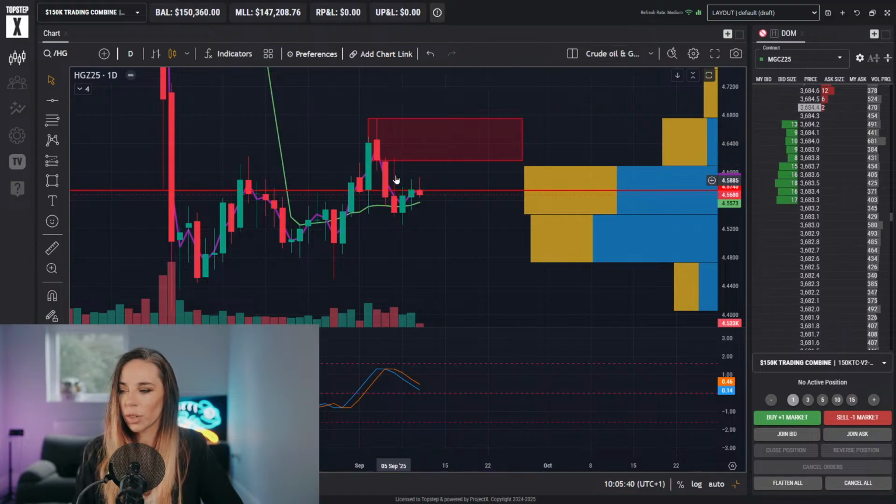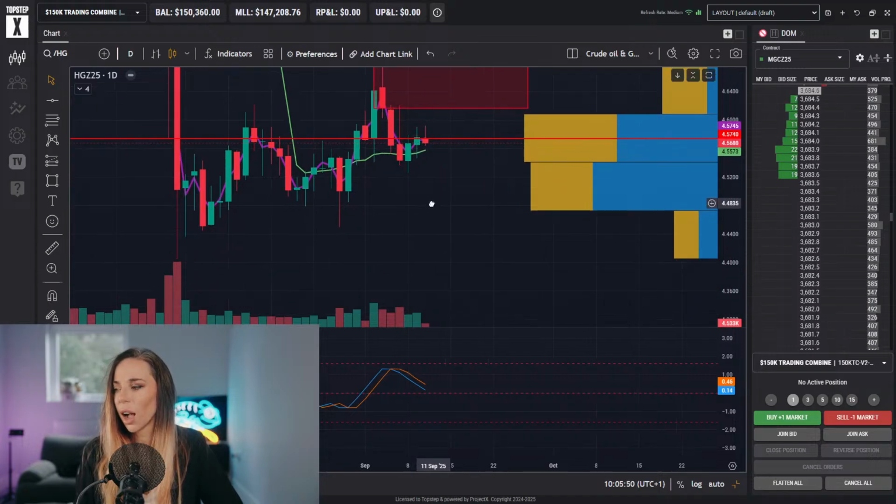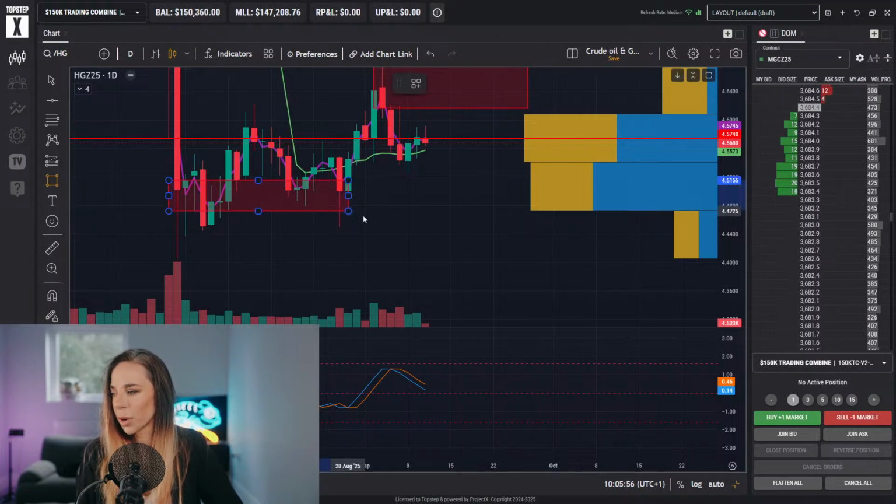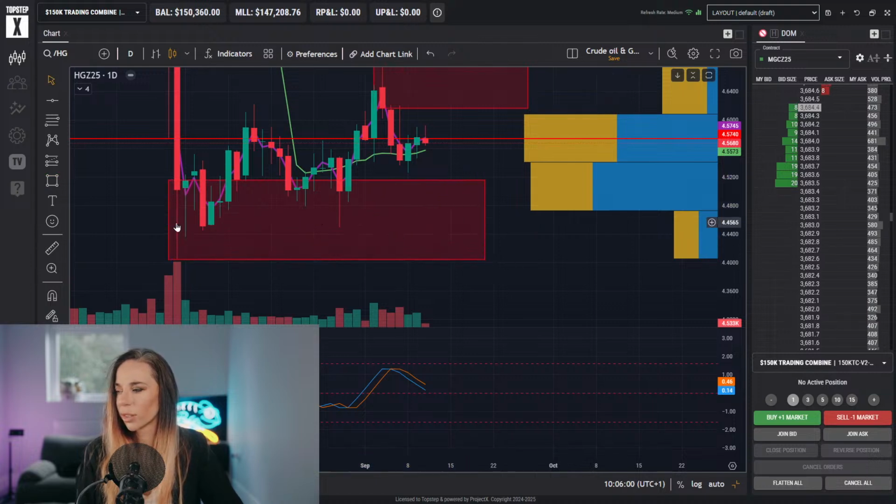So we couldn't even stay away from it very far, which is interesting to say the least. And then where is the demand? Very messy. I suppose the demand is like this. Multiple pops into the demand area.